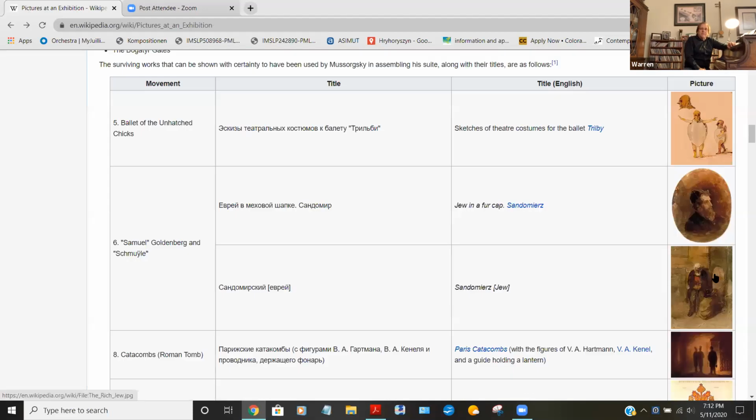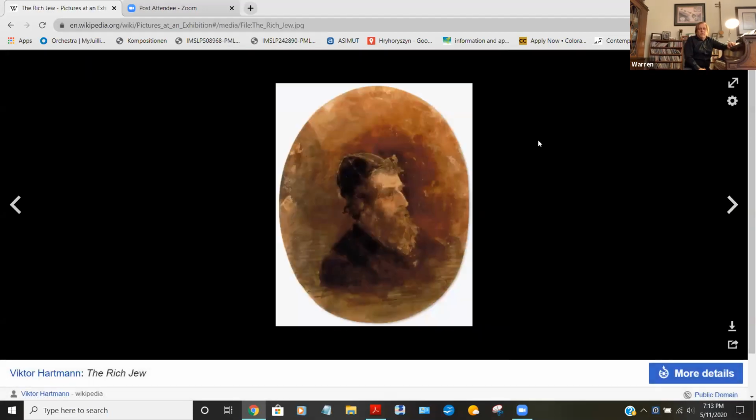Second, you've got the 2 Jews. We look at each of them. Okay. This movement is sometimes called Samuel Goldenberg and Shlomo. There is Samuel Goldenberg. He is the rich Jew. That picture was actually owned by Mussorgsky himself. He had the picture of the two Jews. Both of those pictures were given by Hartmann to Mussorgsky.